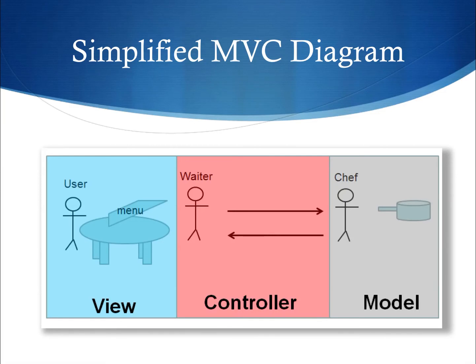So just to clarify what happens between those layers, I use the restaurant analogy, right? When you go to a restaurant, if you're the user or the customer, you sit at a table and you have the menu, all right? That represents the view.